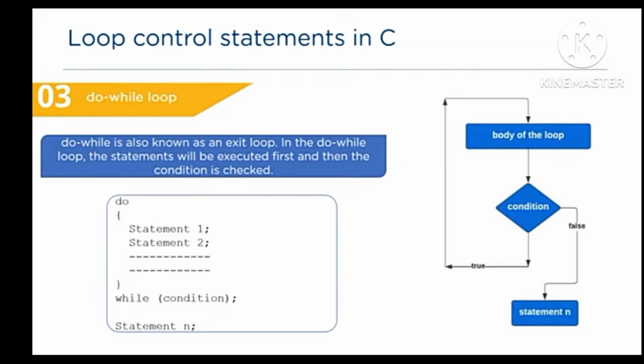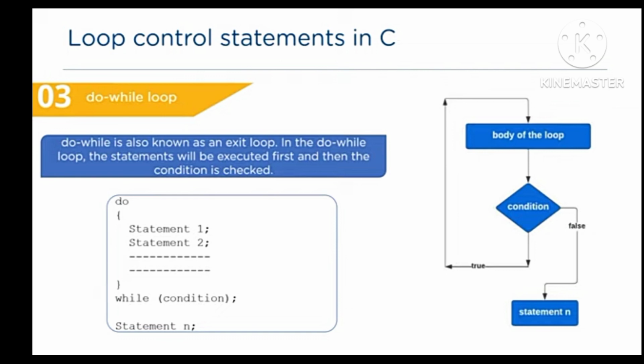Next, do while loop in control statements in C. The do while loop is also known as an exit loop. In the do while loop, the statements are executed first and then the condition is checked.